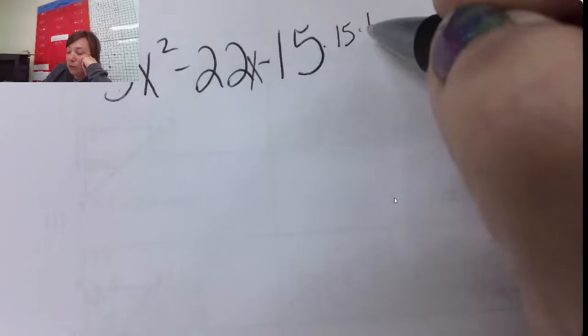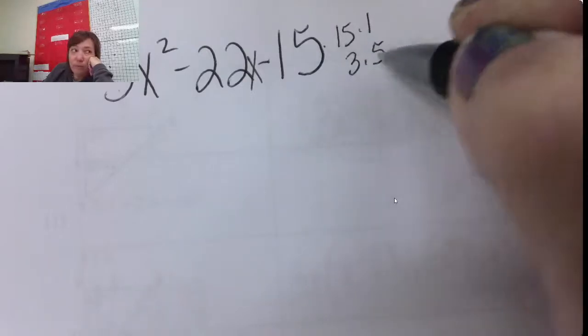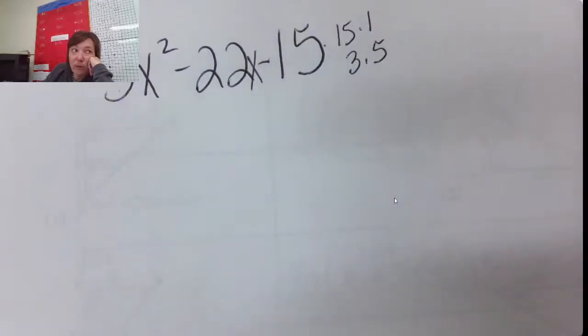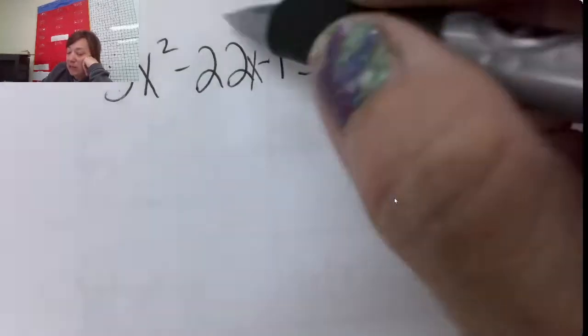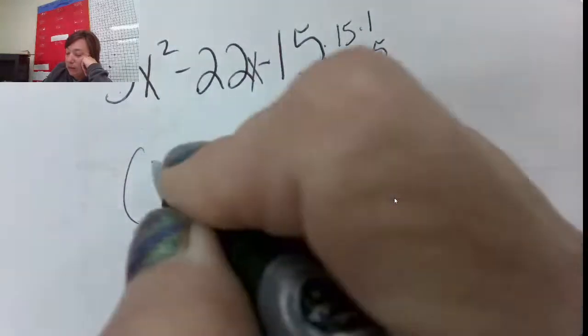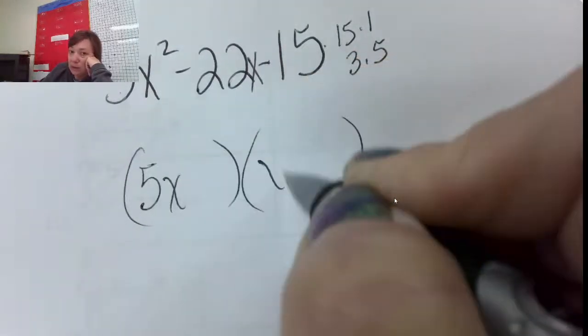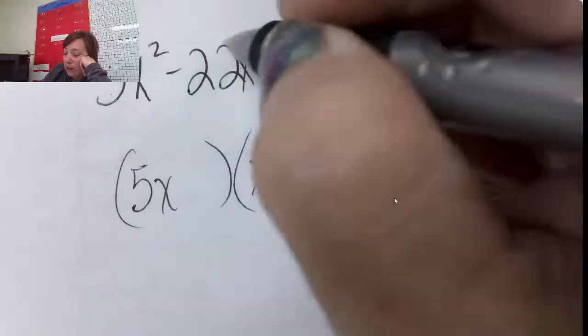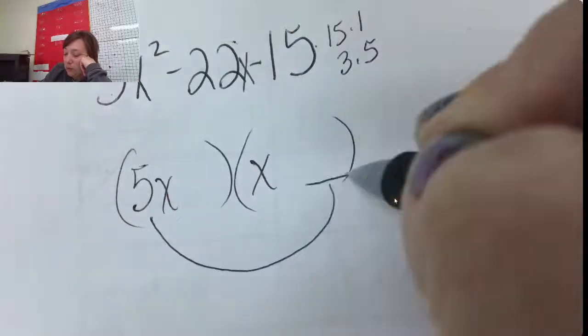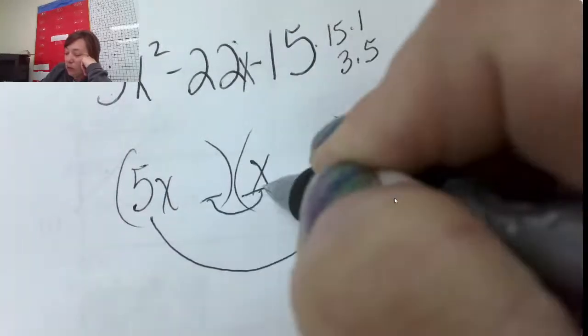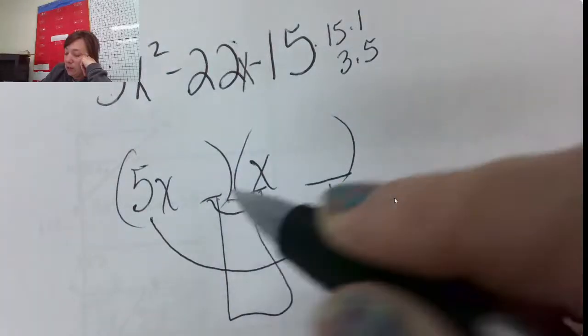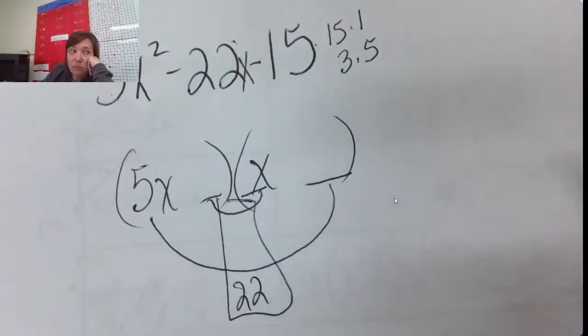That could be 3 and 5, right? You with me? Now, I'm going to go ahead and write this out. So we've got 5x and 1x, right? And then we do these two and these two, and we combine them, and we get 22, right?